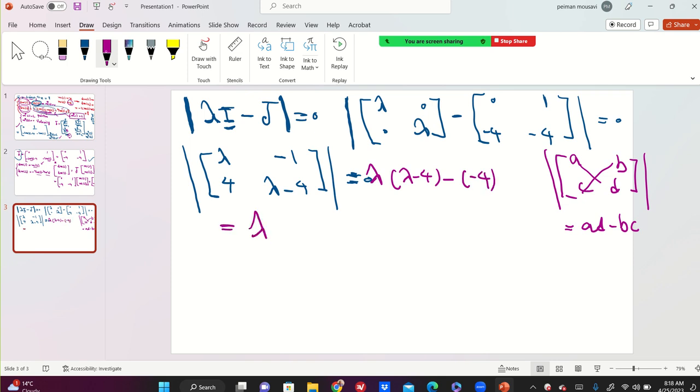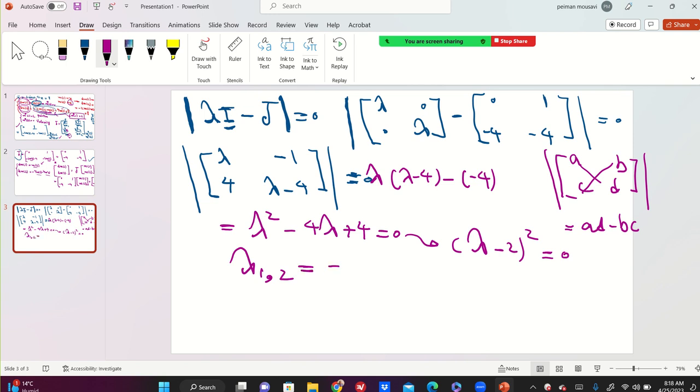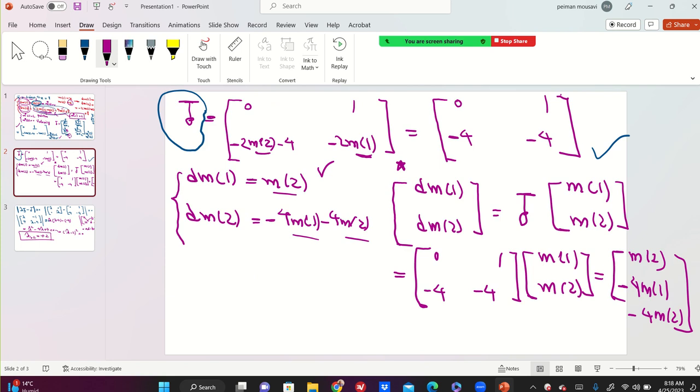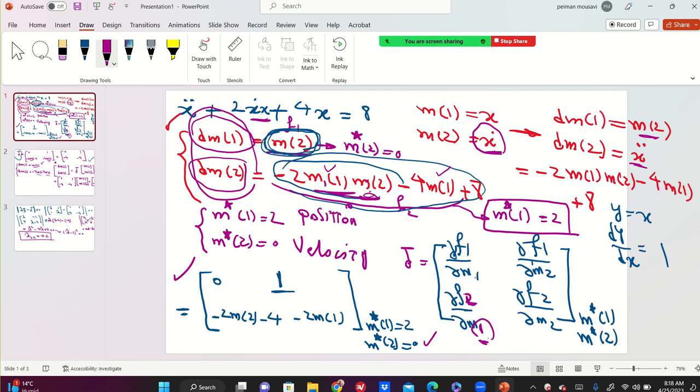So this is going to be lambda square plus 4 lambda plus 4 is 0. So this gives you lambda plus 2 square is 0. So you have two eigenvalues, minus 2.